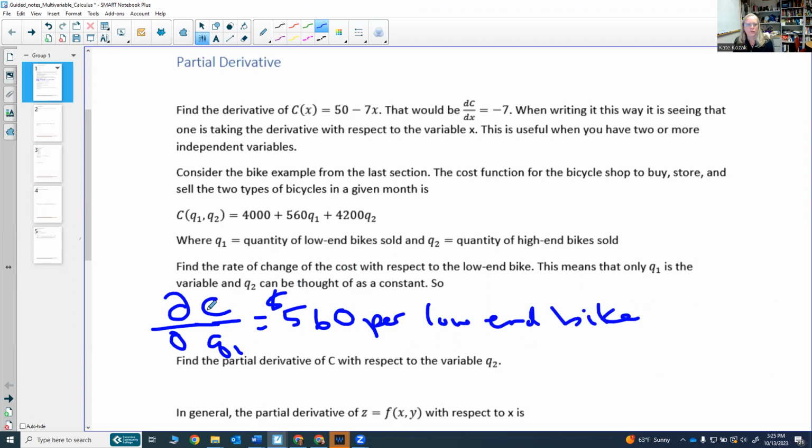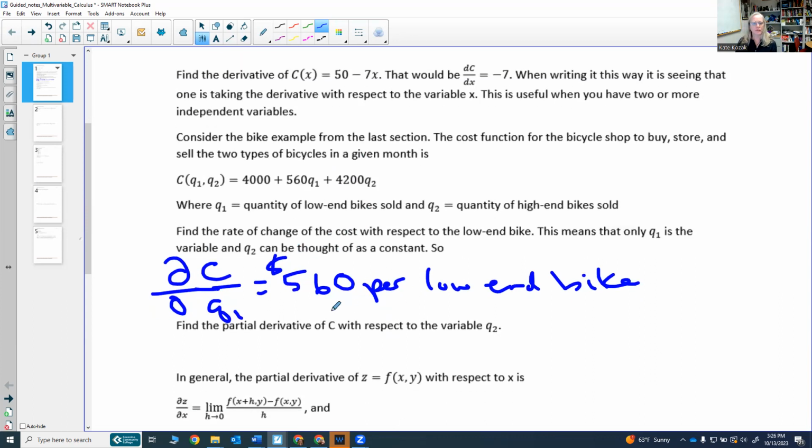The symbol dC/dQ1 means the partial derivative of C with respect to the variable Q1. Since Q1 is the variable, the 4,200 Q2 is a constant and its derivative is 0. That's why it doesn't show up here.